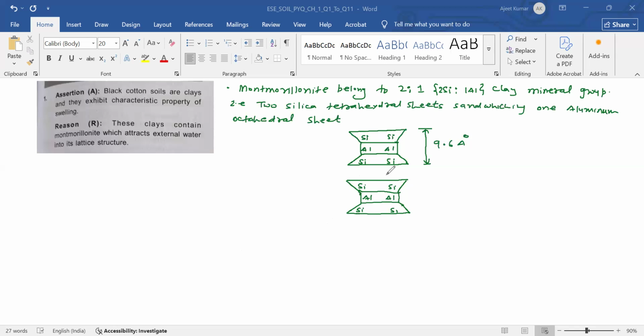This unit is connected by, attached by van der Waals force, and this is a very weak bond. Next point: the bond between these layers is a weak van der Waals bond.